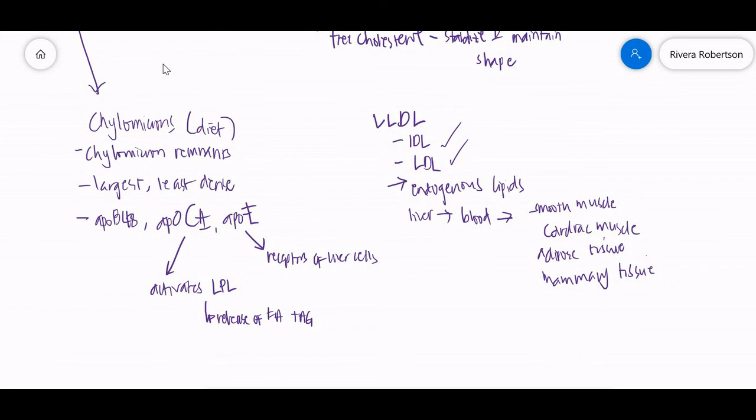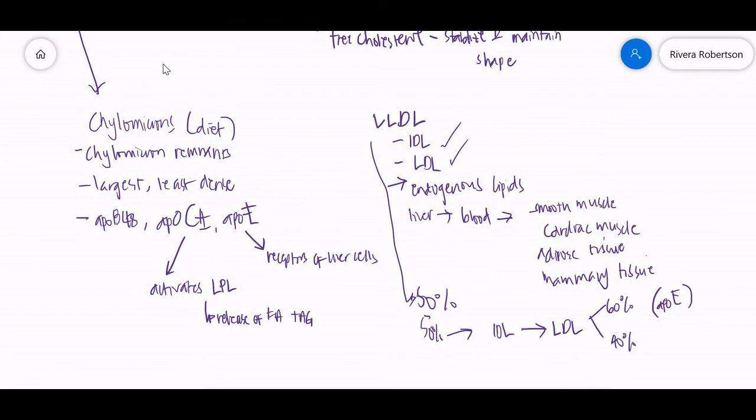Now, 50% ng VLDL ay binabalik sa liver through endocytosis, and the remaining 50% is converted into your intermediate density lipoprotein and eventually to your low density lipoprotein. Now, 60% ng low density lipoprotein ay binabalik mo ulit sa liver. So, nare-recognize nga yung apolipoprotein E. Okay? And 40% is being transported into the extrahepatic tissues.